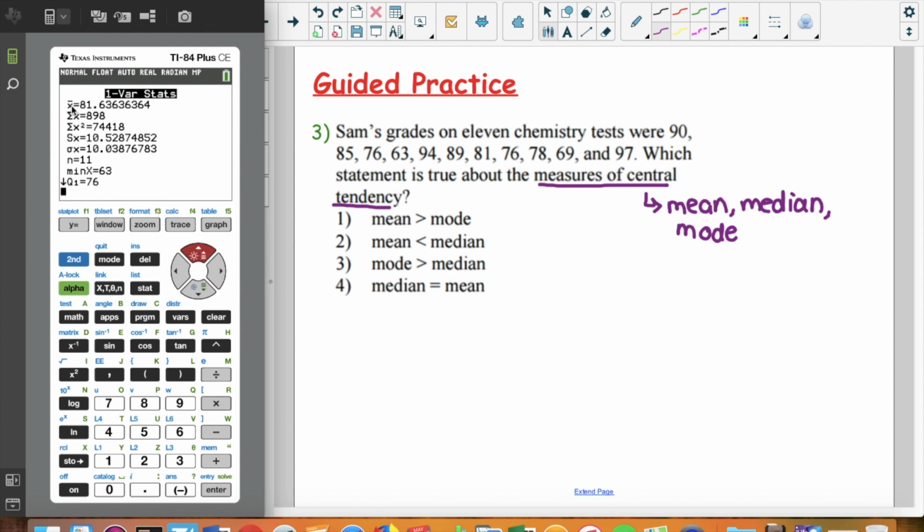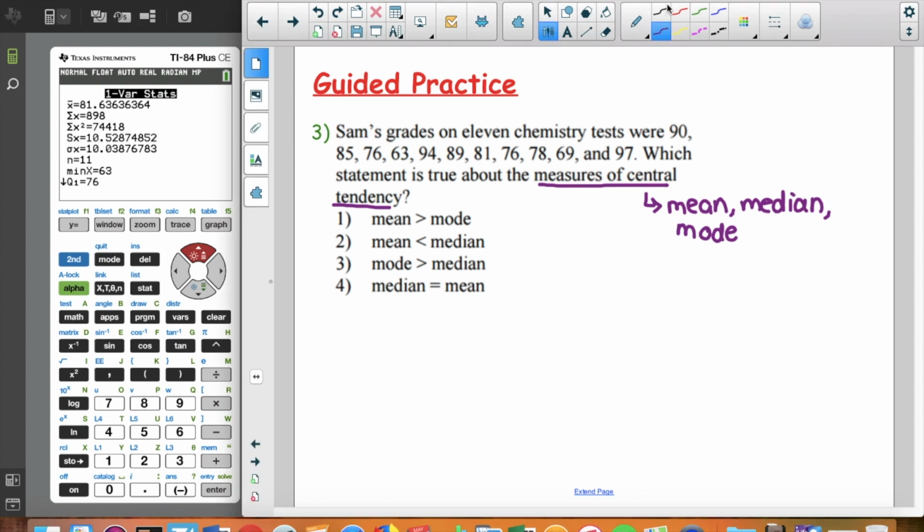It also gives us this x bar, okay? So our mean is represented in this information by x bar. Okay? So x bar is 81.63636364.